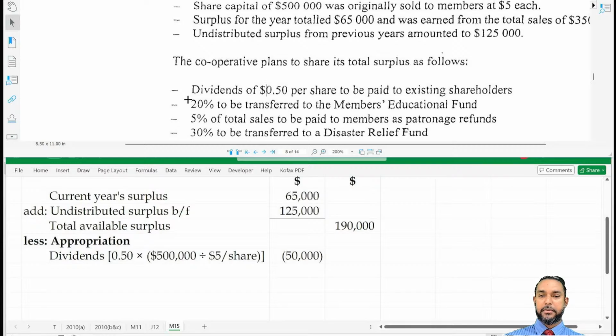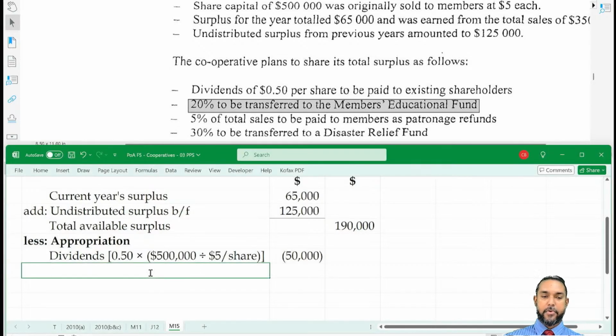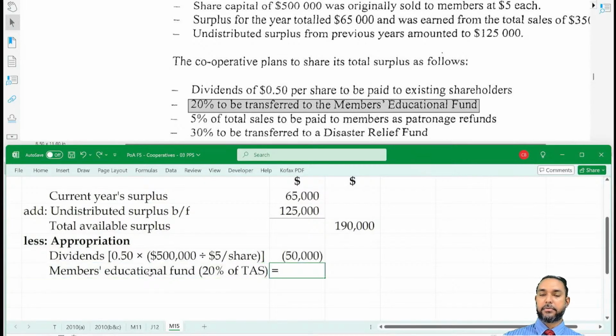Right. And this next one, 20% to be transferred to the members' educational fund. TAS is total available surplus.